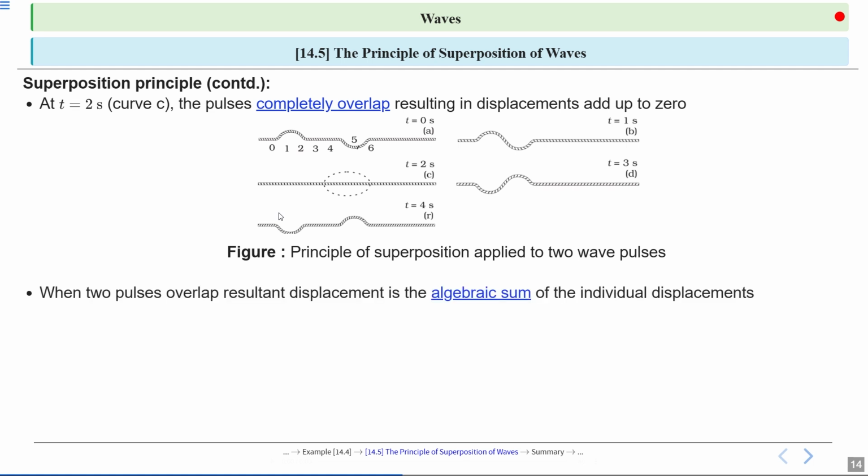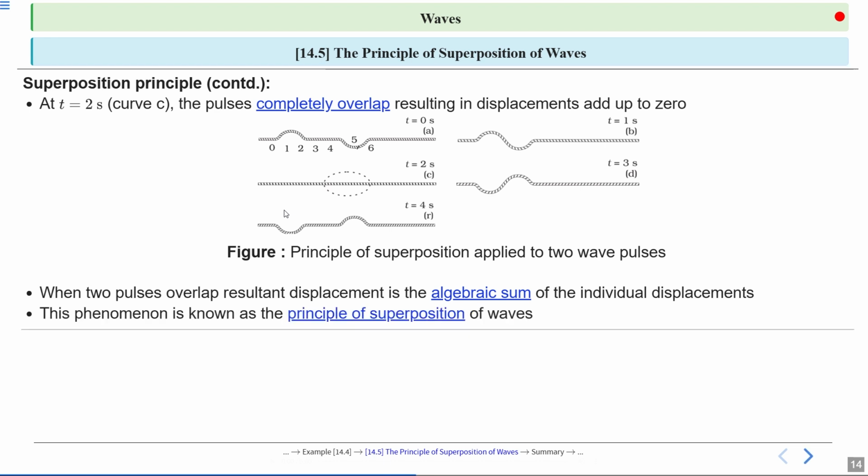So when two pulses overlap, the resulting displacement at any point is simply the algebraic sum of the individual displacements. This means we add the values together taking into account their direction. So if one is positive and the other is negative, they can cancel each other out. This rule applies to all types of waves, whether they are on a string, in the water, or even sound waves.